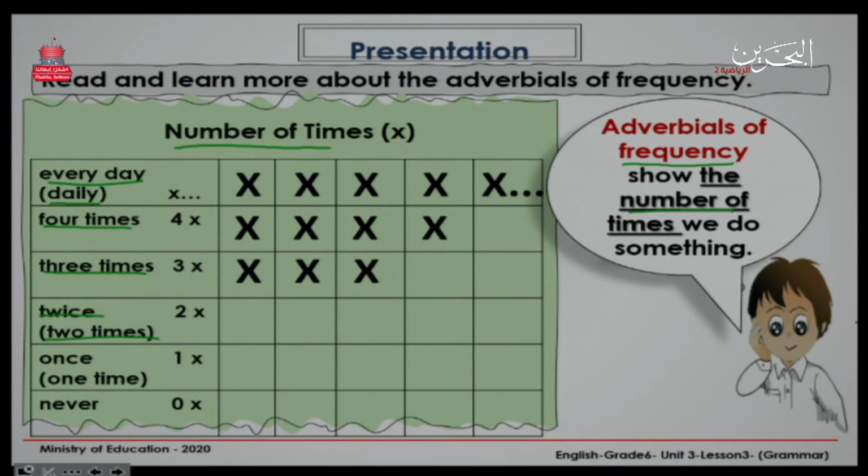We have here twice or 2 times. It means you do this activity 2 times. Again, you can say 2 times a year, a month, or a week. The last one, once, or you can say 1 time. And at the end we have never. It means you don't do this activity at all.